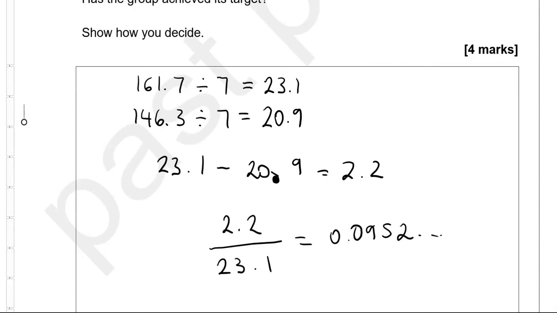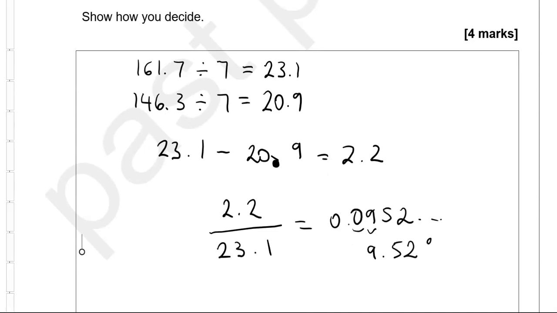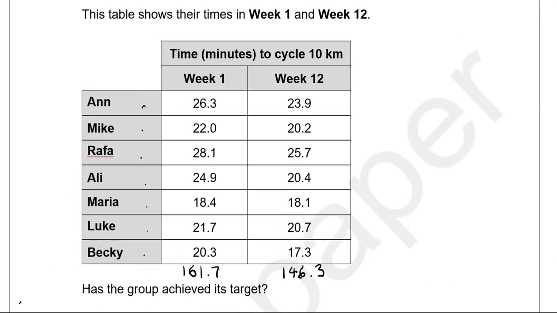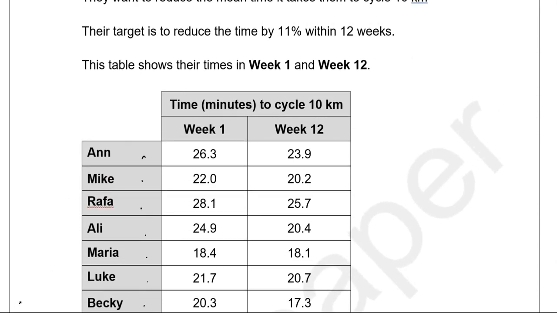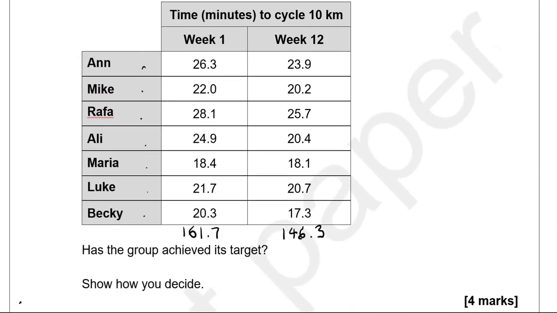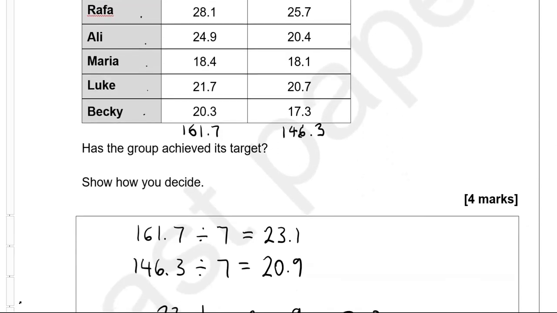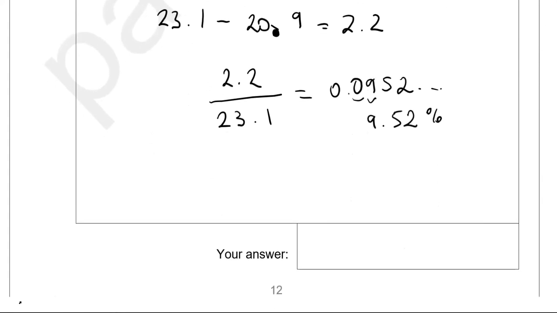So in terms of a percentage, this is going to be 9.52%. So comparing this to the 11% that was their target, has the group achieved its target? No, they haven't.